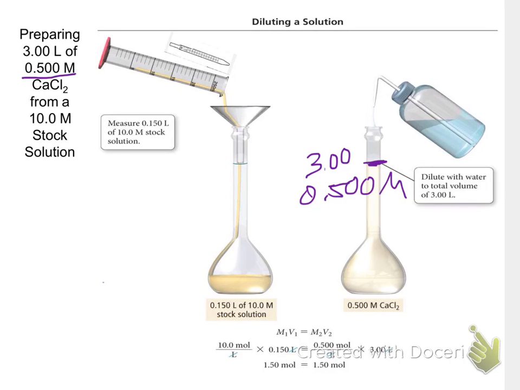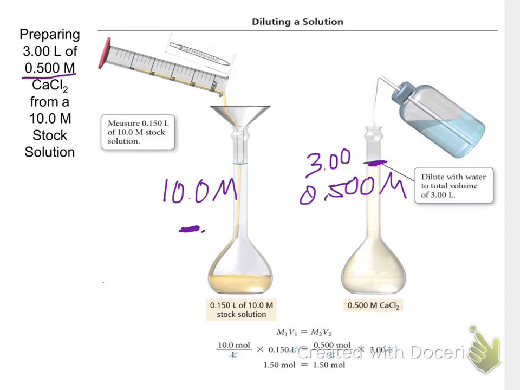What I have in my stockroom is a concentrated 10.0 molar solution, also of calcium chloride. So what I have to figure out is how many milliliters or liters of this I need to put into this 3 liter flask, and then fill up to the line with water in order to get what I want.